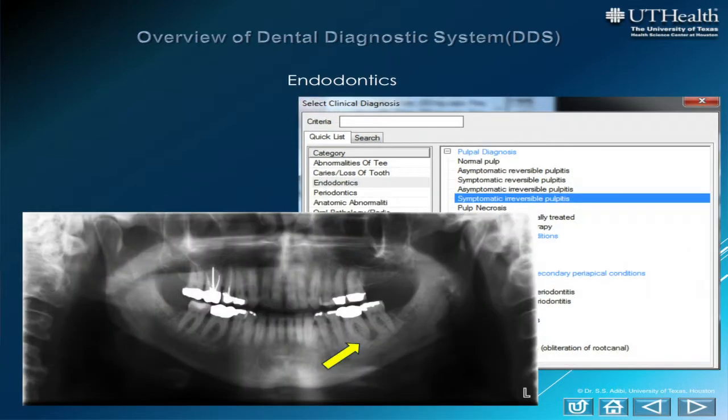The endodontics category has several subcategories such as pulp diagnosis, secondary pulp conditions, periapical diagnosis, and root fractures.